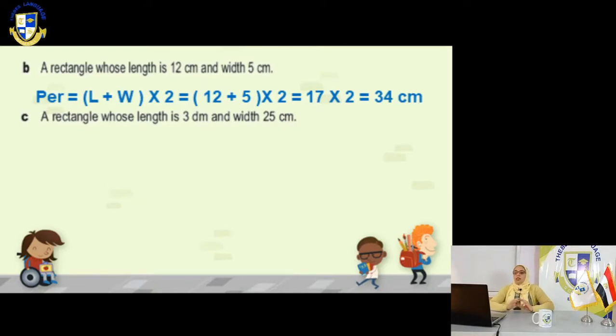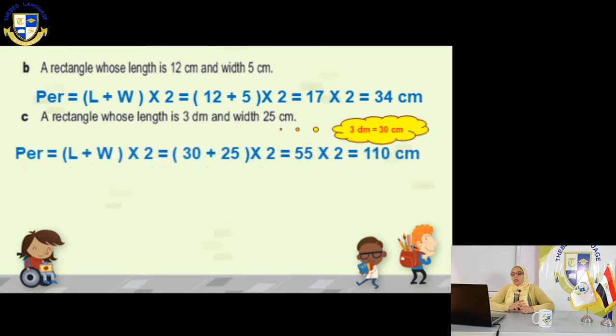Excellent. Decimeter is bigger. So from deci to centi, we will multiply by 10. 3 times 10 equals 30. So we have 30 centimeter and 25 centimeter. The perimeter, length plus width, times 2 equals 30 plus 25 times 2 equals 110 centimeter.